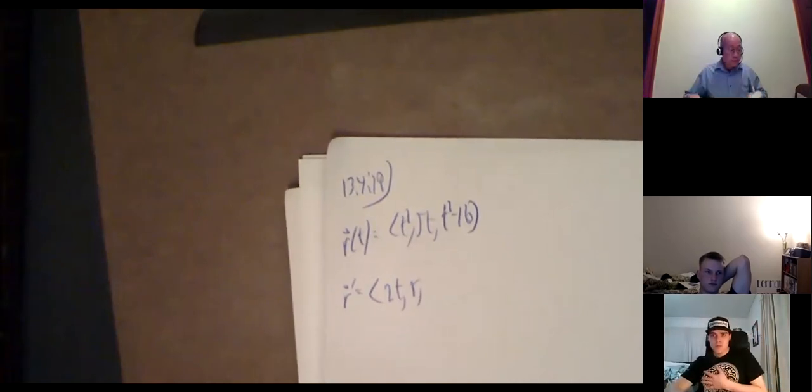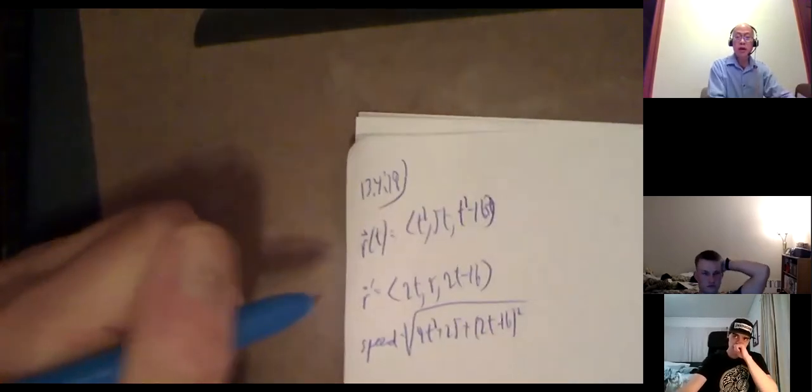Okay, so R prime is 2t, 5. Let me see, did I do that right? T squared minus 16t, 2t minus 16. Okay, so the speed is square root of 4t squared plus 25 plus 2t minus 16 squared.